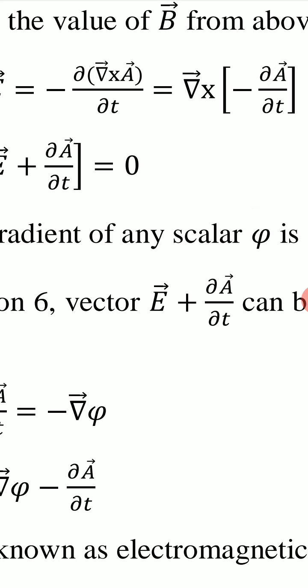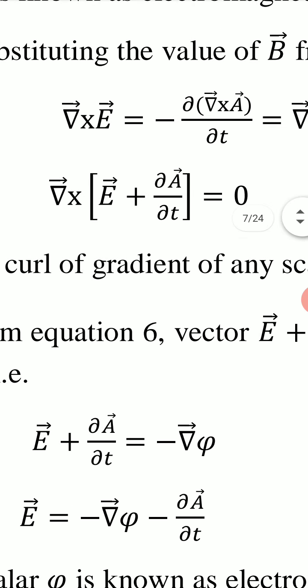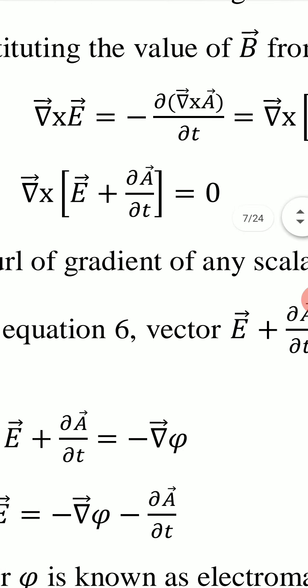Del cross is taken common and outside, and the remaining term is minus ∂A upon ∂t. We bring the right hand side to the left hand side. So this equation becomes del cross (E plus ∂A upon ∂t) equal to 0.